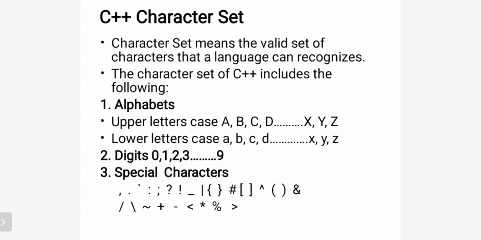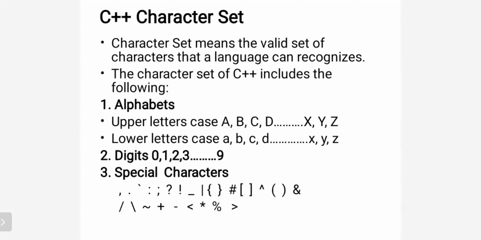And the third one is special characters. Special characters such as full stop, comma, apostrophe, colon, semicolon, question mark, exclamation mark, underscore, pipe symbol, left brace, right brace, hash symbol, left angle bracket, left bracket, right bracket.